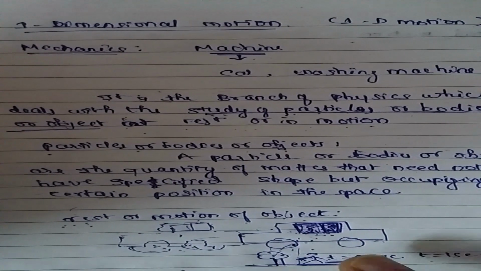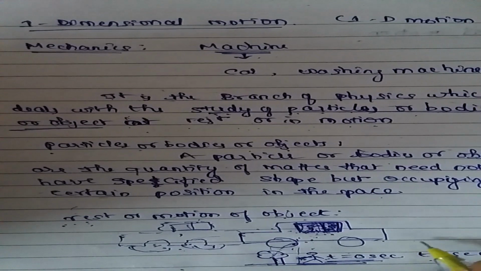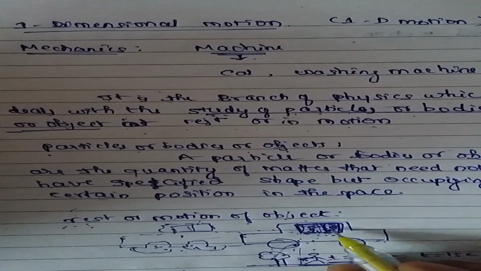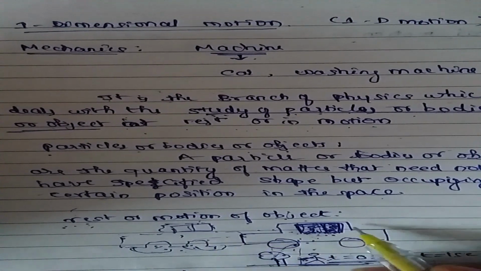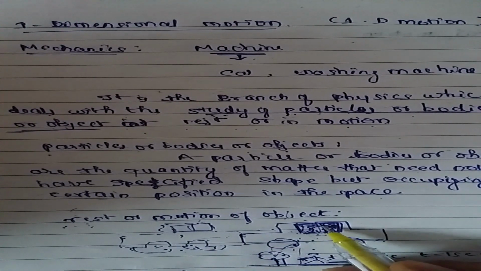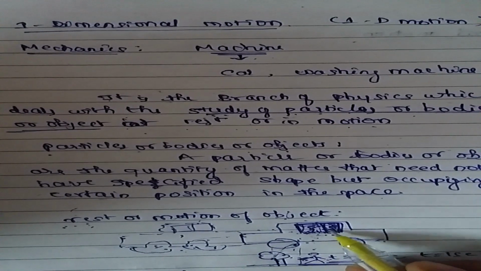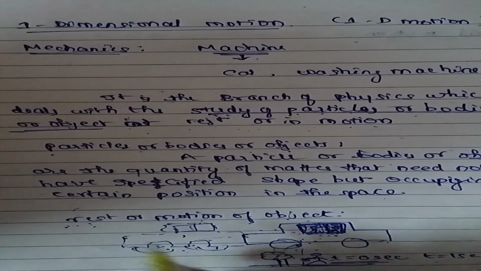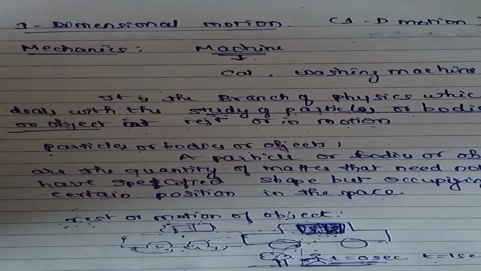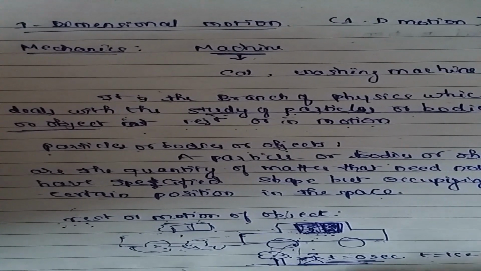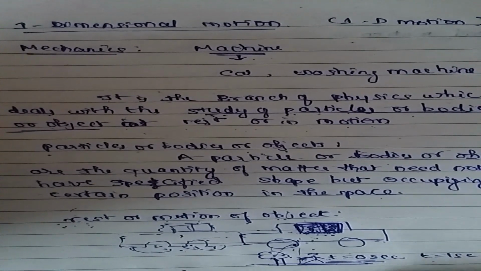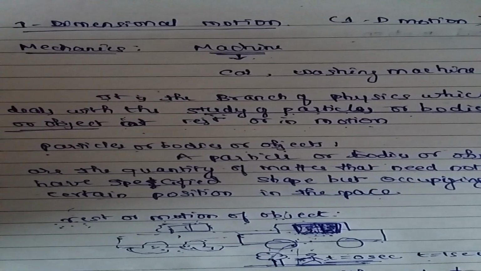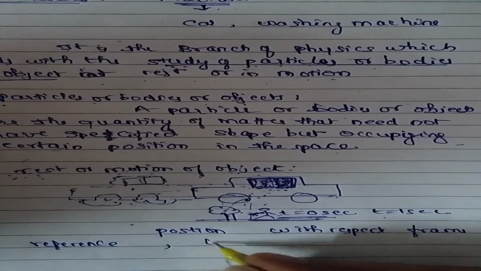So therefore, to define the position, we need some frame of reference. If we have one tree here, at that time we can tell this car is moving. If the passengers do not have the provision to look outside, they may tell we are at rest. So to define the rest and motion of the object, we have to define position with respect to a frame of reference, and another one is time.